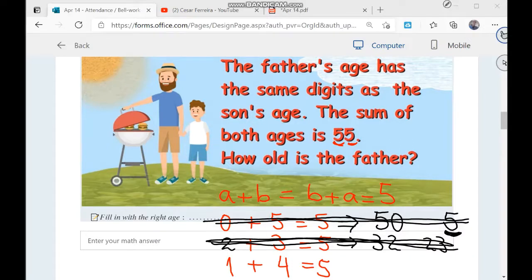The combination that makes more sense is 41 years old and 14 years old. The father is going to be 41 and the son 14 years old. So the answer is 41 years old, or just 41.